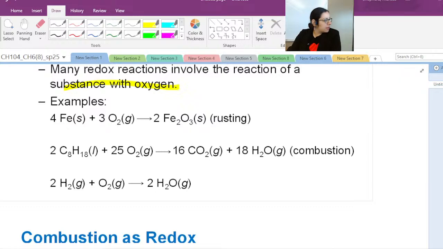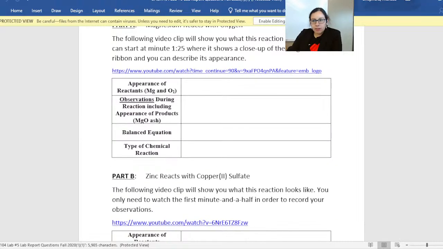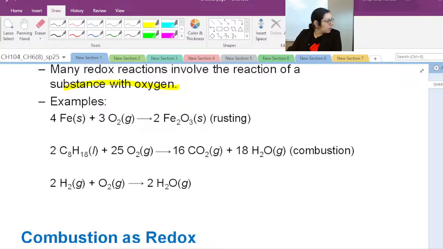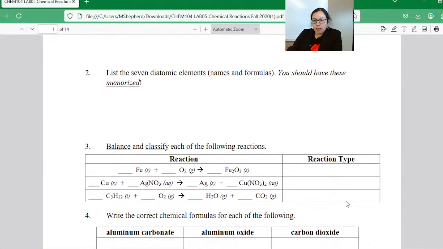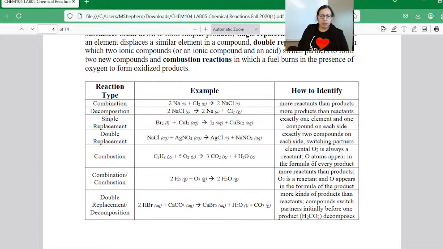To go along with this, because it pairs with the chemical reaction lab, looking at our lab, this is lab 5 and that reaction type cheat sheet.